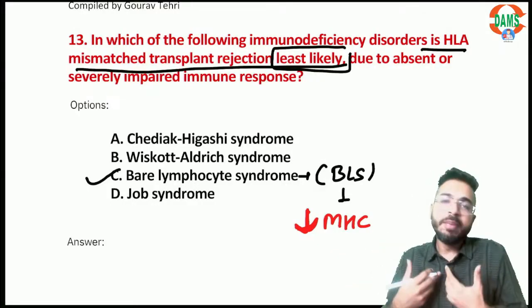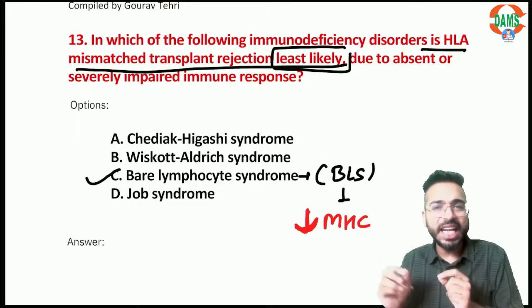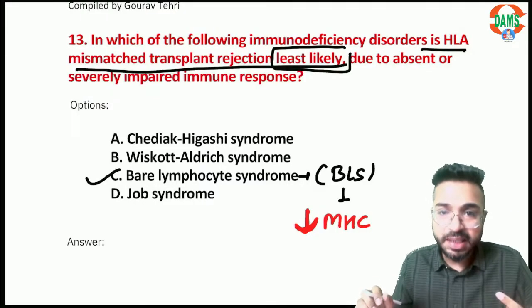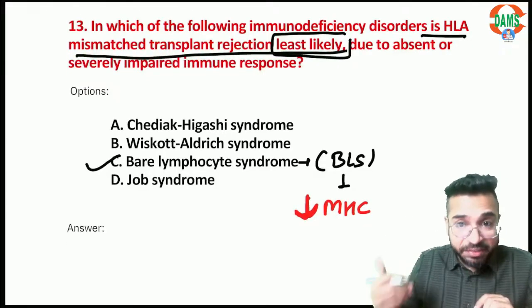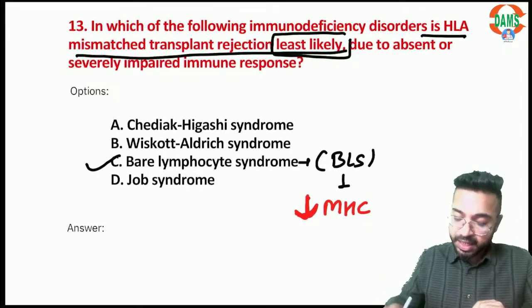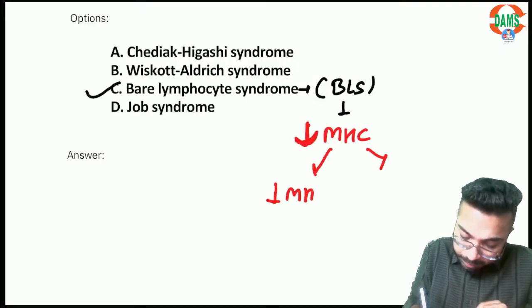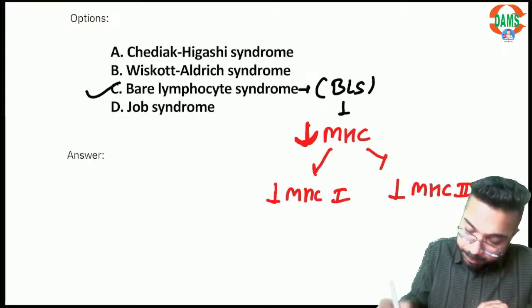I know, for me it seems a very easy question. It might not have been for you guys, because there was a catch here. HLA mismatch will occur when there is an HLA molecule present. The deficiency of MHC molecules leads to Bare lymphocyte syndrome. And I told you, there can be deficiency of MHC type 1 and deficiency of MHC type 2.